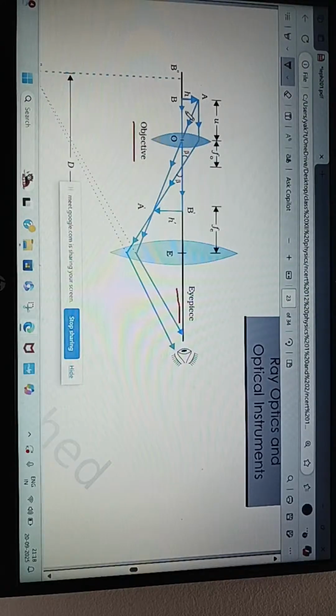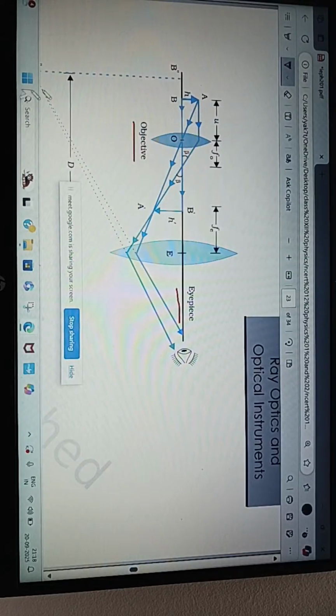If you keep the object between f and 2f in front of the objective, a real image is formed on the other side beyond 2f. This is adjusted exactly at f of the eyepiece, between f and the lens, then what will happen?